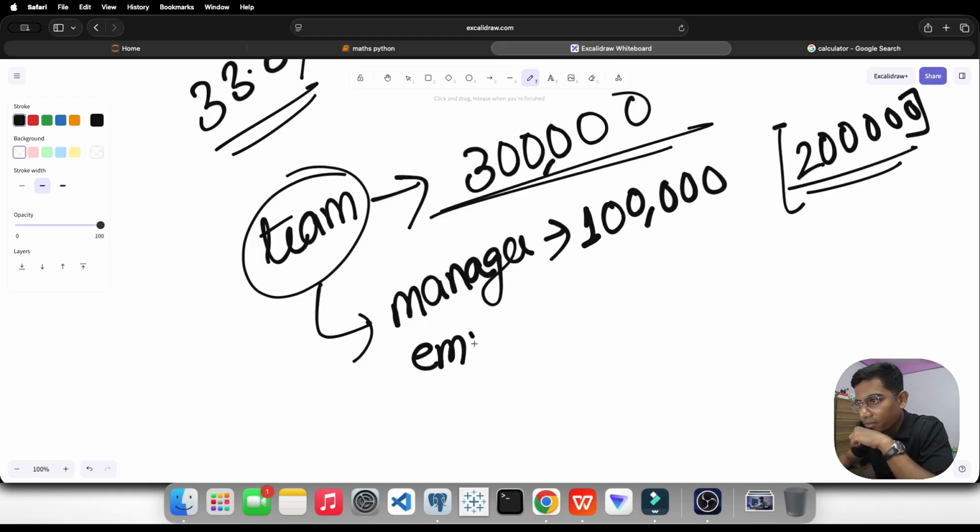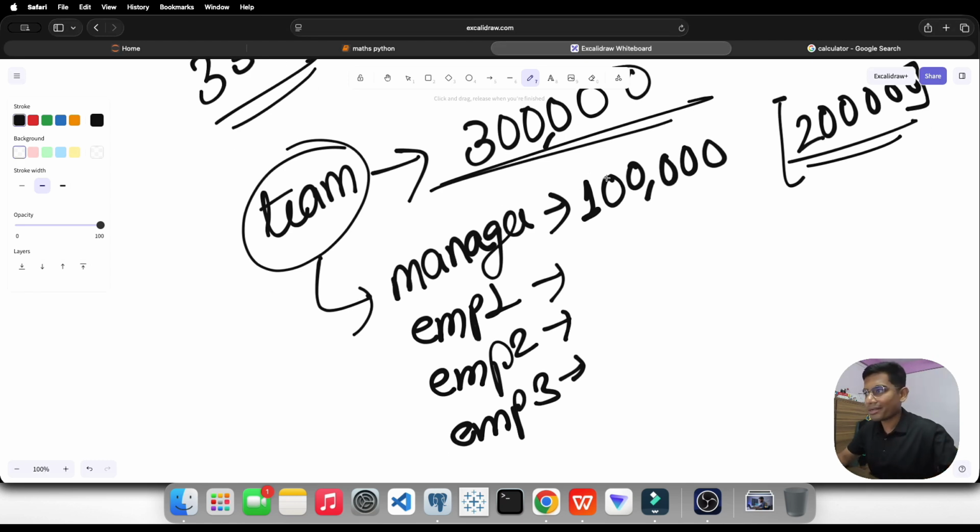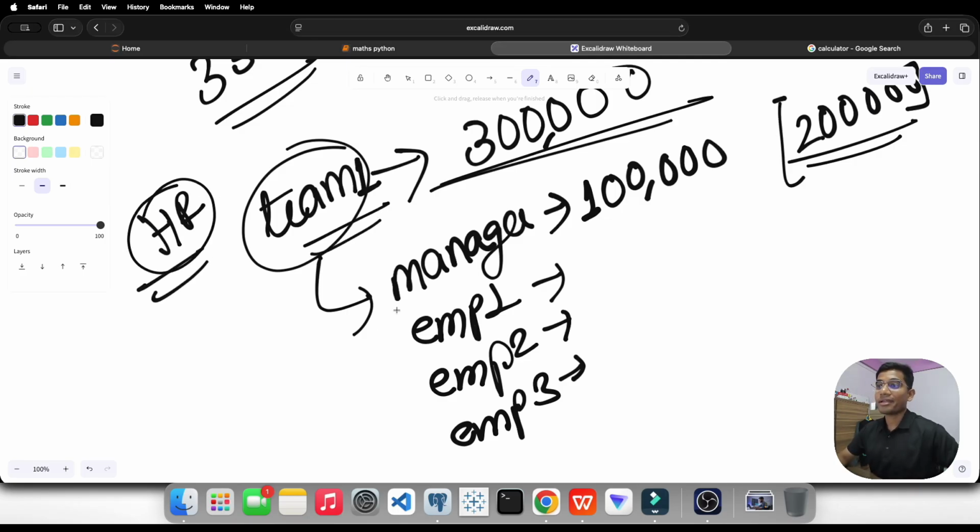So your HR says I need 3 employees only, not more than this. We will do the same example in Python, no worries about it. If you are the manager, you have 1 lakh salary out of a budget, like HR sets a budget for your team, right? And in that team you can only hire 3 employees and you have to segregate this 2 lakh among these 3 employees. What will you do?